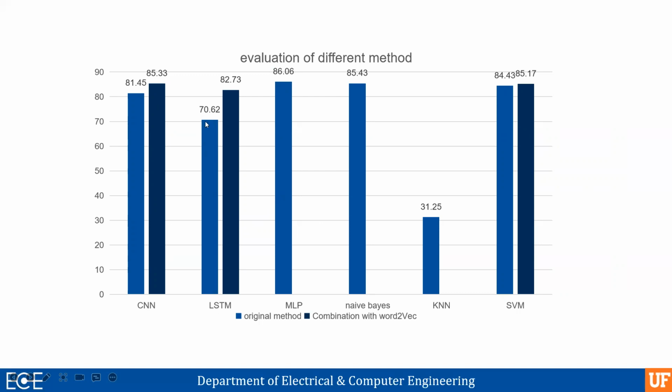LSTM is 70% originally, and in combination with word2vec it is 82%. Because our data is very small, as we extract just 2,000 data from each category, and the total number is very small, there is some overfitting in the original model.